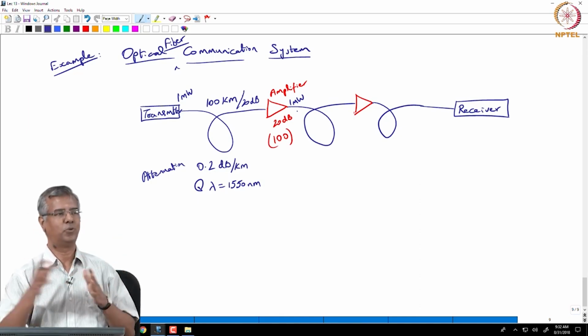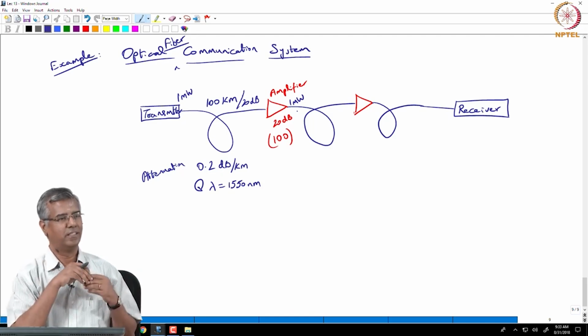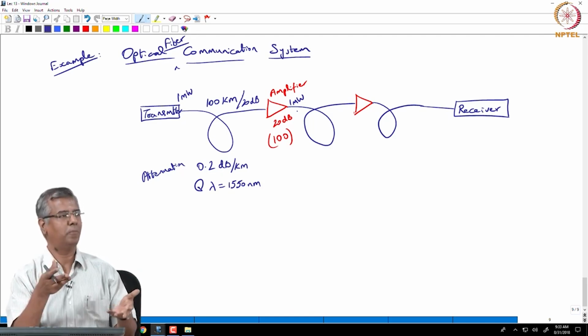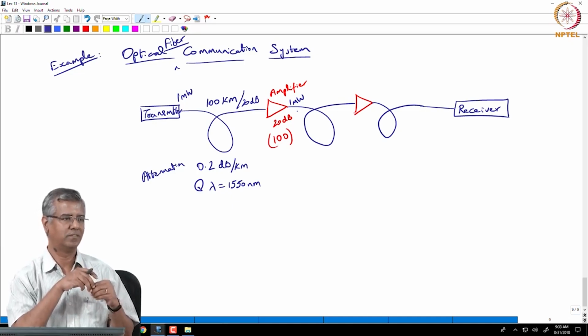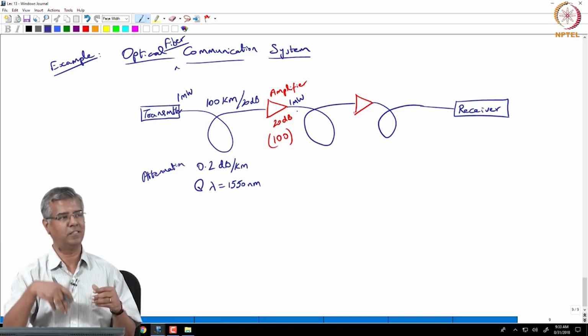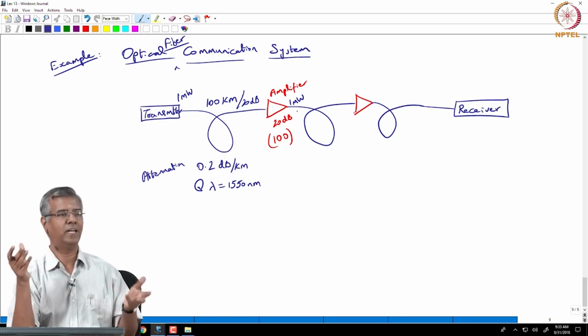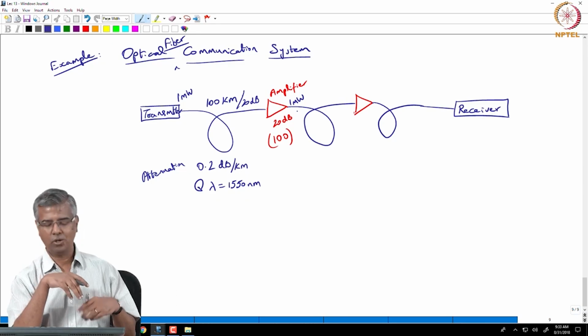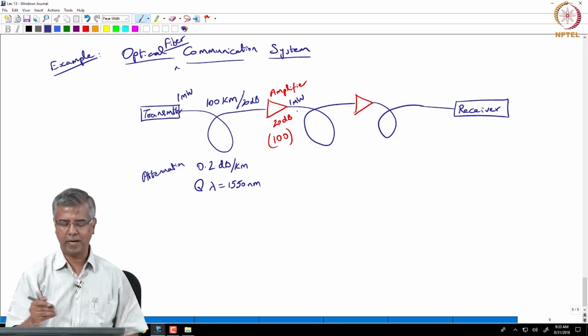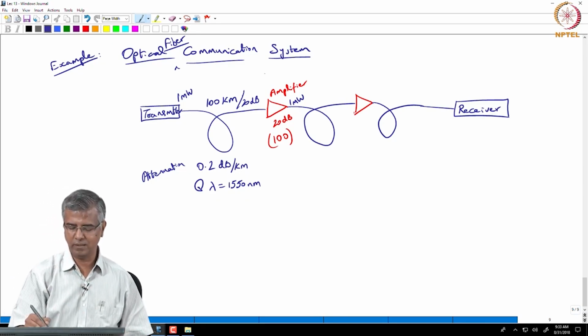You say, okay, but through an amplifier you are amplifying the signal, but you are also amplifying the noise, whatever noise was present at the input, and that amplifier adds its own noise. So, the net effect is the signal to noise ratio is only going to degrade. So, all these amplifiers would have something called noise figure.